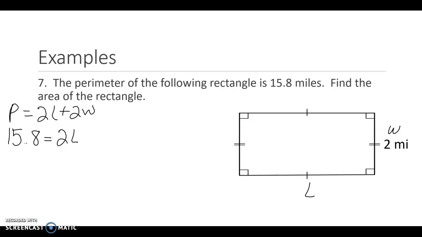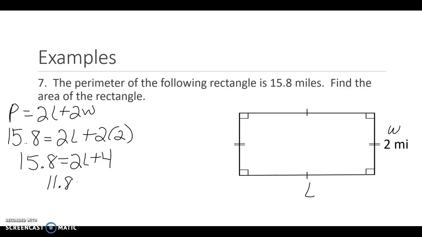I don't know the length, so I'm just going to keep that as L. And I know the width is 2. So we get 15.8 equals 2L plus 4. If I subtract the 4, I get 11.8 equals 2L. Divide by 2. The length is 5.9.